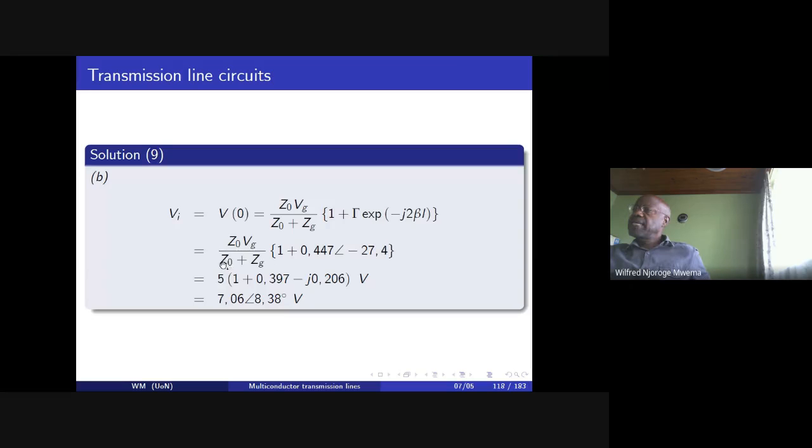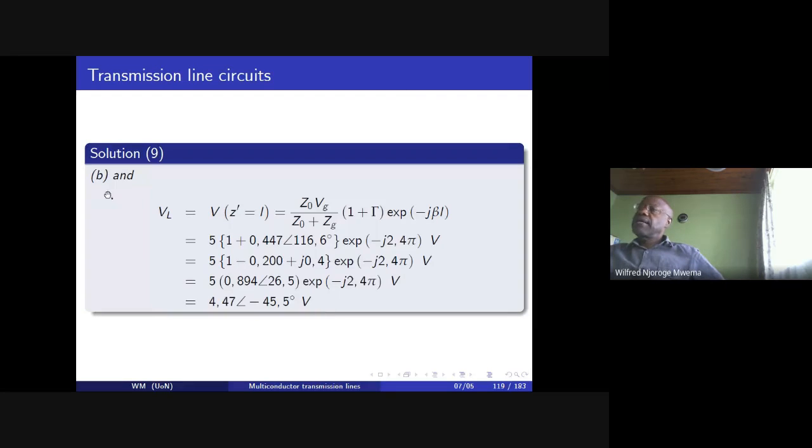What we get is a value of 7.06 at an angle of 8.38 degrees, in volts. Okay. And the load voltage, VL, is going to be given by V at z′ equal to L, and we get a value of 4.47 at an angle of −45.5 degrees.